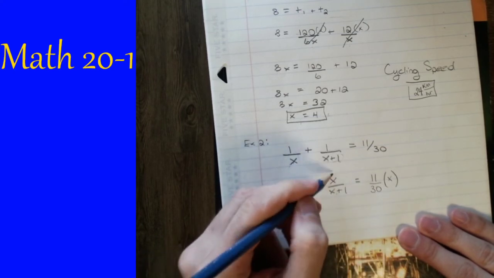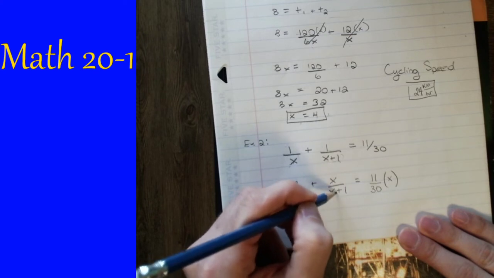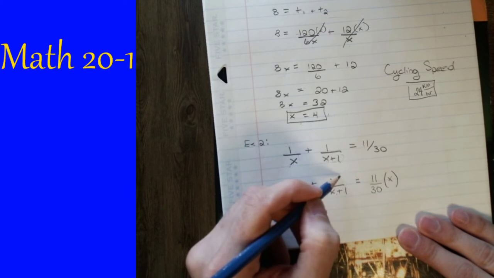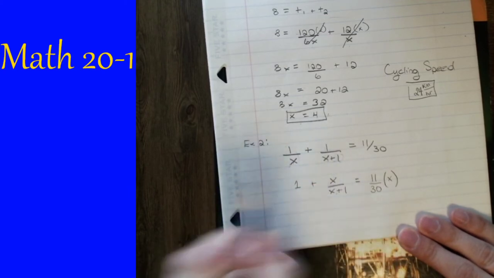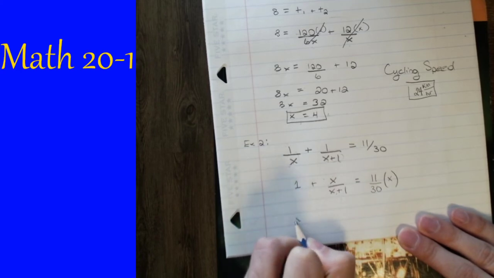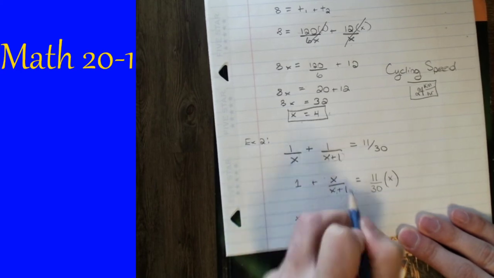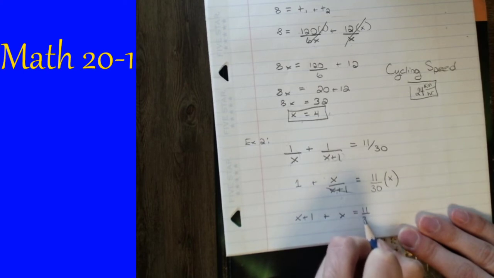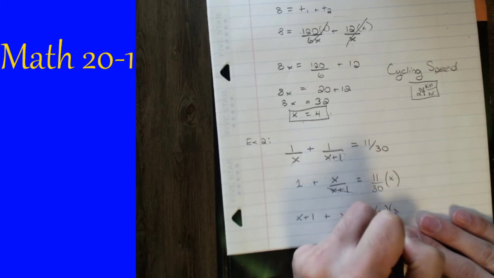As much as I may want to cross this out, the fact that it's x plus 1 on the bottom means that I cannot. So I have to multiply by x plus 1 to cross that out. The x still remains. And I have over here 1 times x plus 1. Well, that's x plus 1. Plus another x, that's gone now, is equal to 11 over 30 x multiplied by x plus 1.